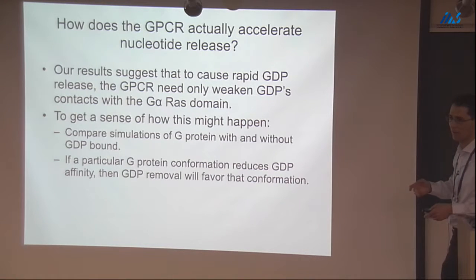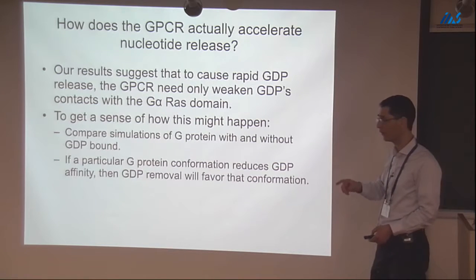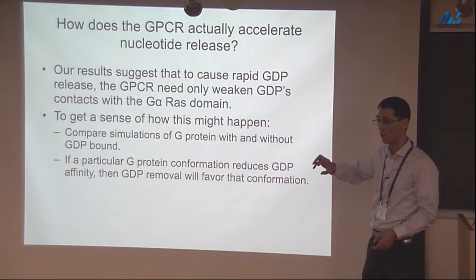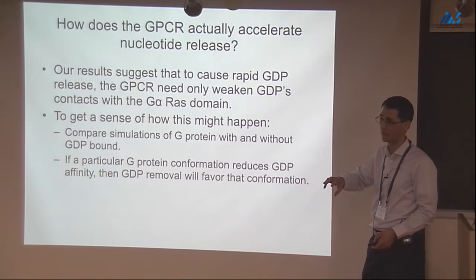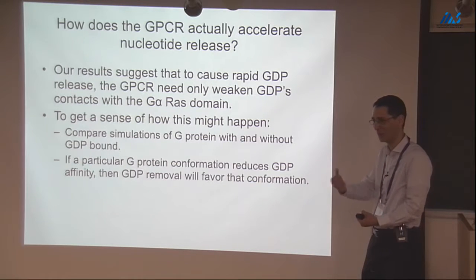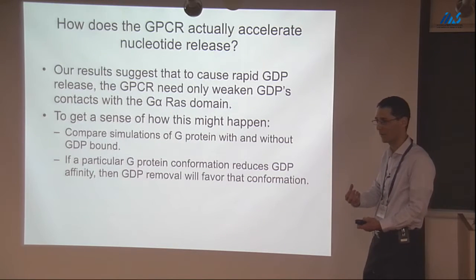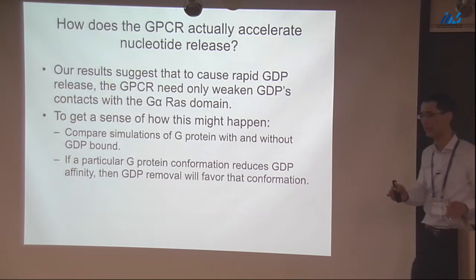Aren't there crystal structures that show that? No, because the only crystal structure of a G protein with no nucleotide present is the GPCR bound one. And that has the GPCR bound, so more has happened than just removing the nucleotide. It's actually really hard to work with biochemically.